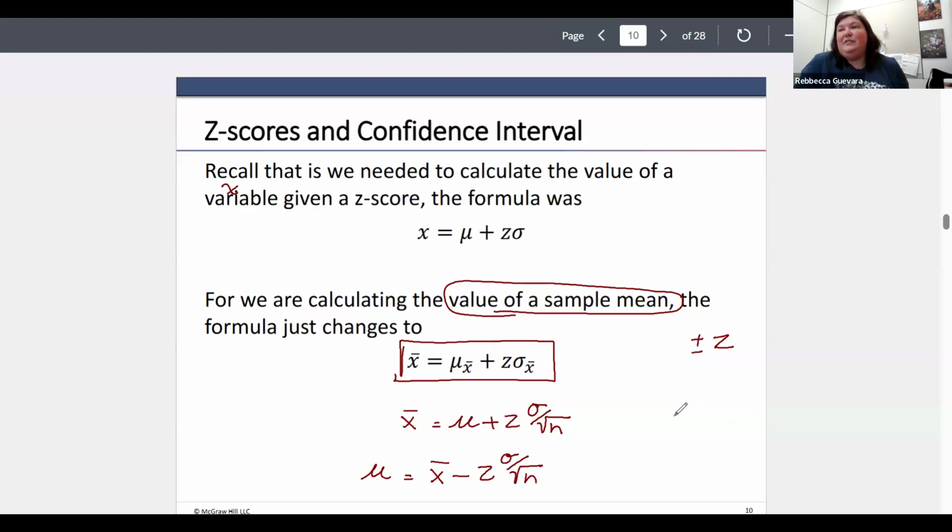We actually have a positive and negative z, so we're really looking at mu is going to be x bar, now we have to have a plus or minus because z could be positive and z could be negative, so it's plus or minus z times sigma divided by the square root of n. We're going to see this formula in just a moment, but just to give you an idea of where it came from.